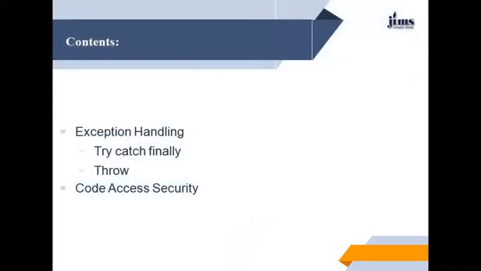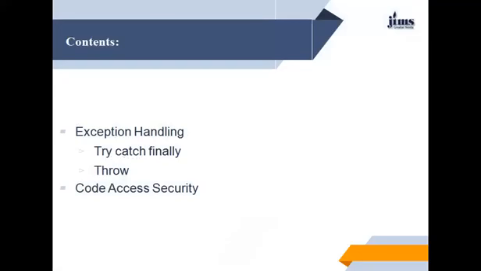In exception handling, what happens, we have written programs in C language, and when we are writing a program, sometimes we have seen that you have written a code in such a way that your system hangs, and you just use Alt-Ctrl-Delete and you will have to close the program.